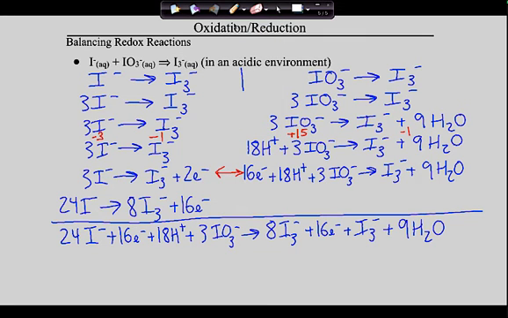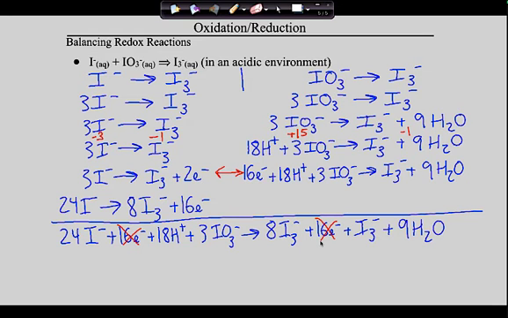We okay? So now guys, at this point, we cancel things that'll reduce. Obviously, our 16 electrons go. If they didn't, we screwed up. There's no iodines. Right.